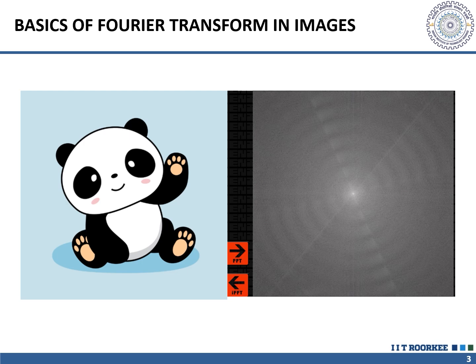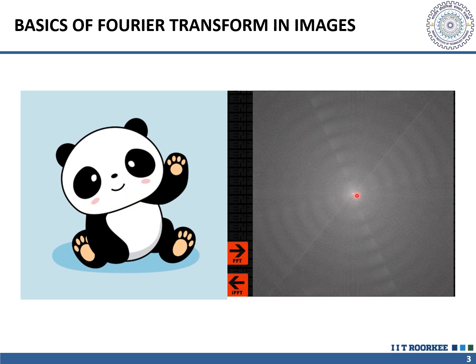Let us now understand. Here you can see there are two zones. Consider the face of the panda. This is a regular white surface where, when I am moving across the image, there is no change in color. So there is a low frequency. This detail will be covered in the low frequency zone at the origin.